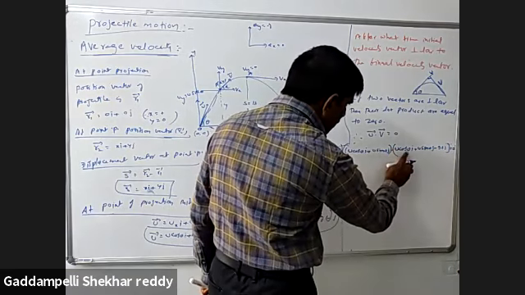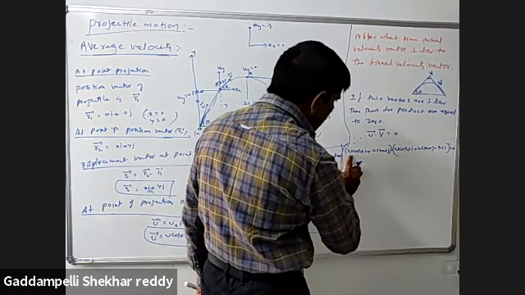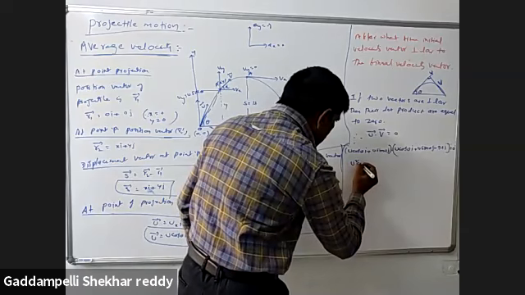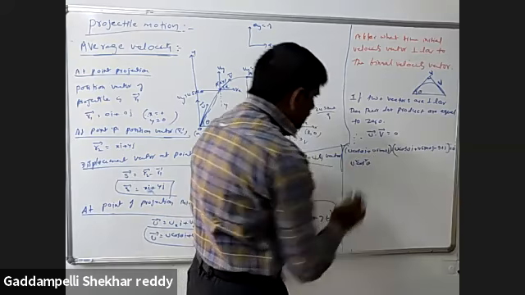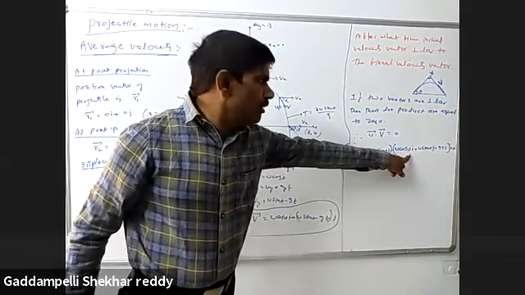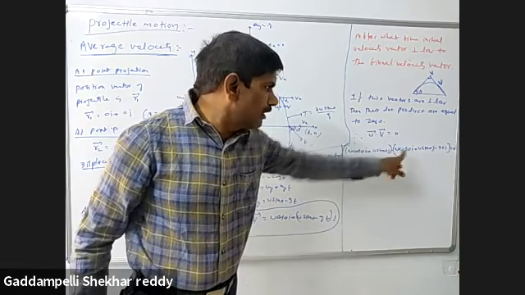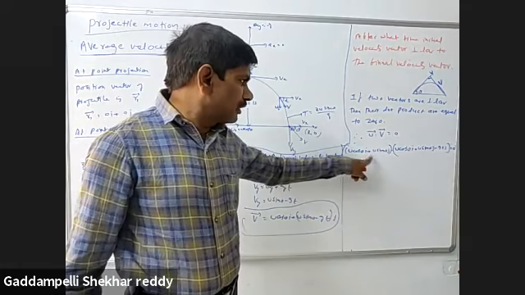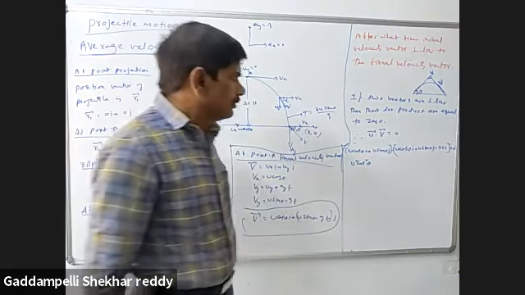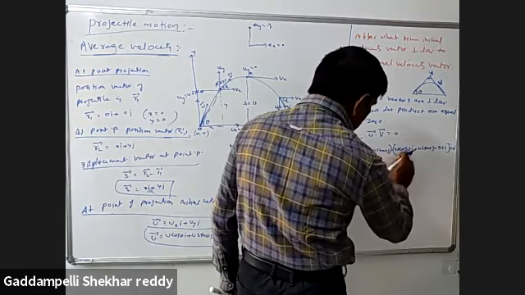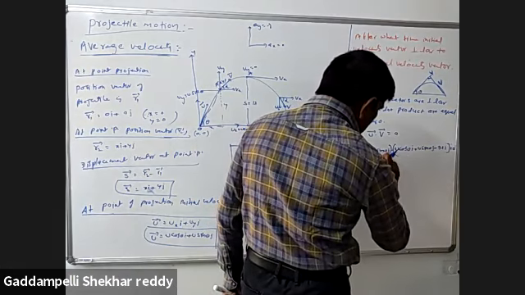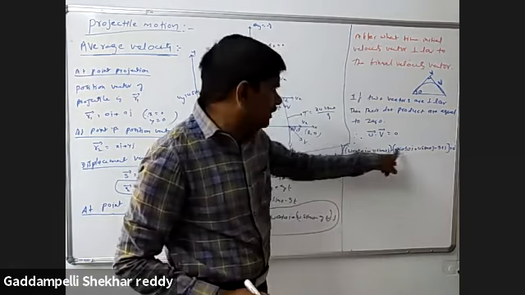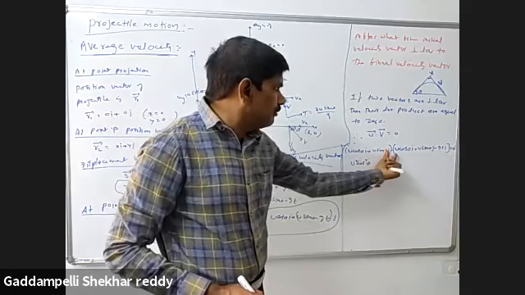Here second bracket first vector multiplied with first bracket first vector: u into u, u square cos theta into cos theta, cos square theta, next i dot i. I dot i means both are in the same direction. That i dot i value is 1, unit vectors along the same direction. The angle 0 means cos 0 is 1. Next, i and j combination: j dot i is perpendicular direction, so 0, and this term becomes 0.